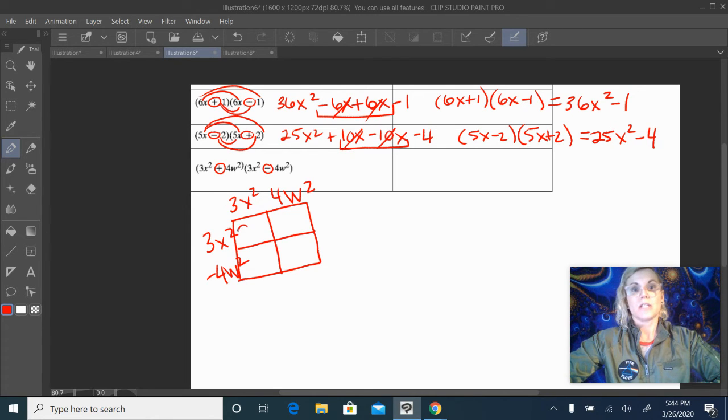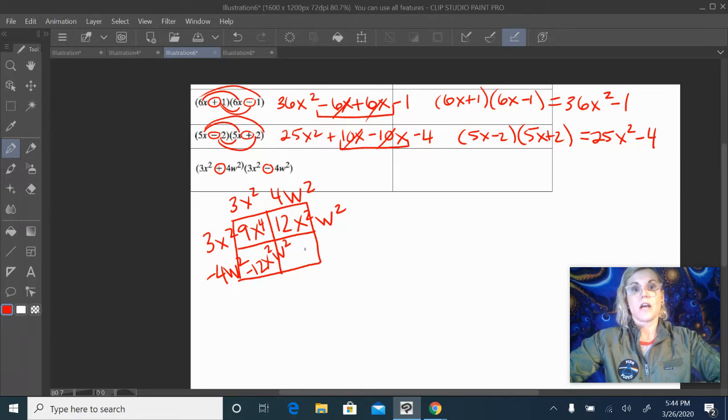3 times 3 is 9. X squared times x squared is x to the power of 4. 3 times 4 is 12, x squared, w squared. So I can't combine exponents because they're different bases. Negative 4 times positive 3 is a negative 12, and then I'm just going to tag along the x squared and w squared because, again, they're not the same base. I cannot combine exponents.